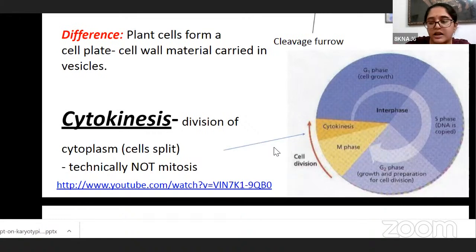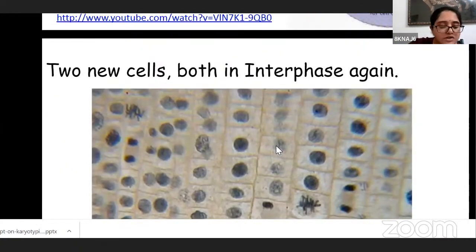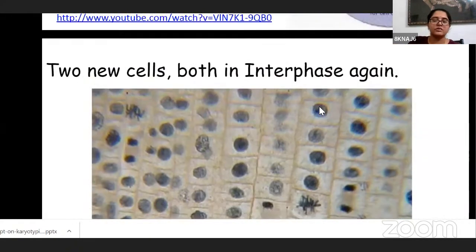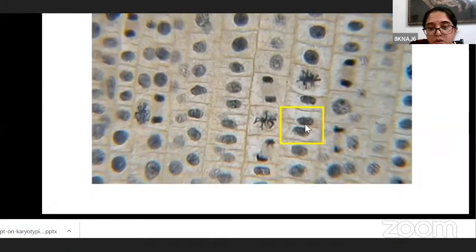All the cytoplasmic organelles are also getting divided. So this is what happens in the cell cycle, because of which two new cells are formed, and interphase begins again.